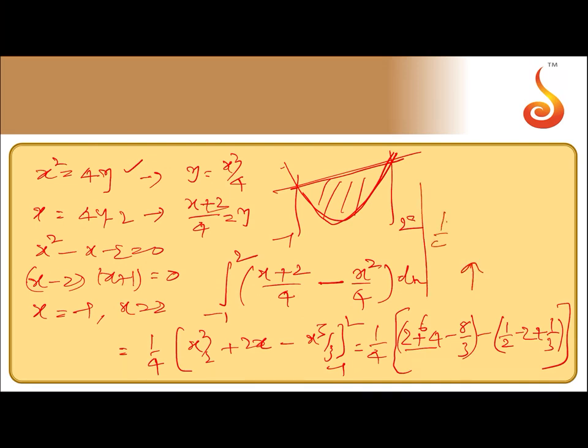So 1 by 4 times 10 by 3 and minus this value, 1 by 2 minus 2 plus 1 by 3, 5 by 6. So 12 minus 5, plus 7 by 6, 20 plus 7, 27 by 6. So 27 divided by 4 multiplied by 6, and 3 2s and 3 9s. So 9 by 8. The answer is 9 by 8.